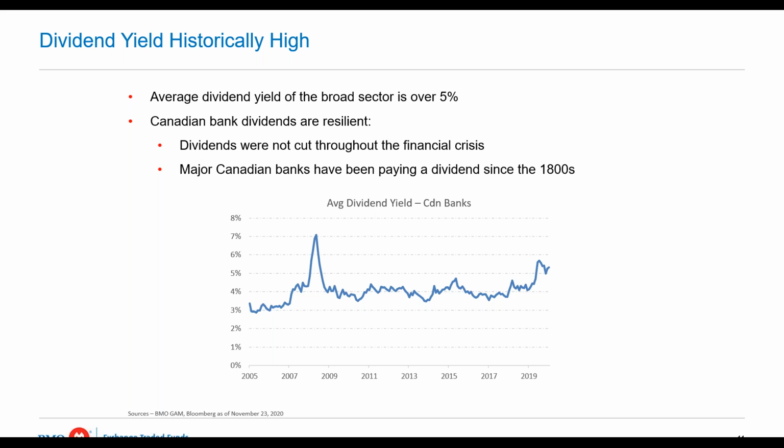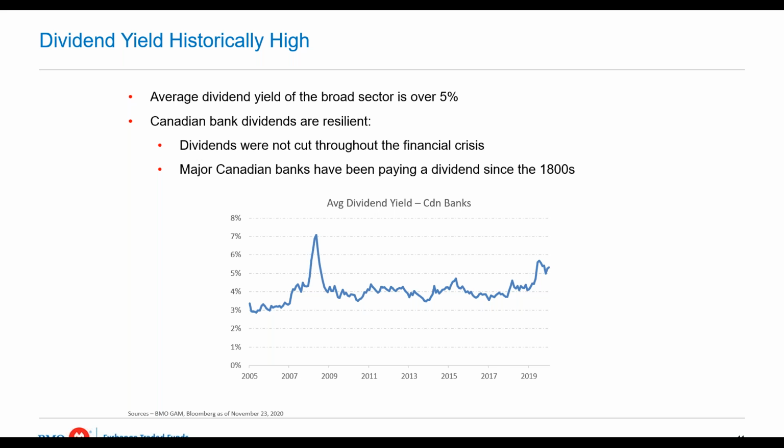Last thing I'll mention here as well, again, the Canadian bank dividends do tend to be very resilient. They did not cut them through the financial crisis. Again, they haven't cut them here, and if anything, would be raising them if they were allowed to. And one other note we put on this slide is that all of the major Canadian banks have been paying their dividends since at some point in the 1800s. 1823, I think, was the earliest we saw a bank paying a dividend here in Canada.